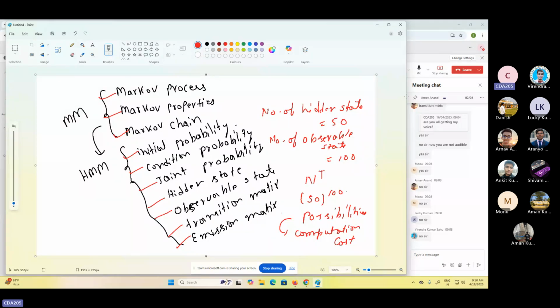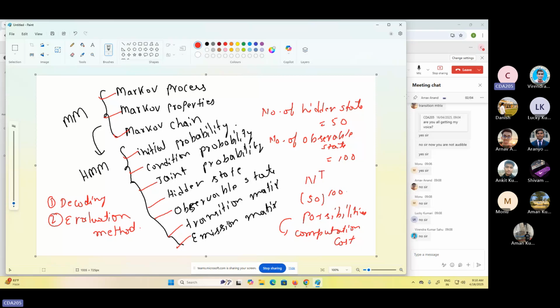To solve this disadvantage of the hidden Markov model, we come with two techniques. One is decoding and the other is the evaluation method.